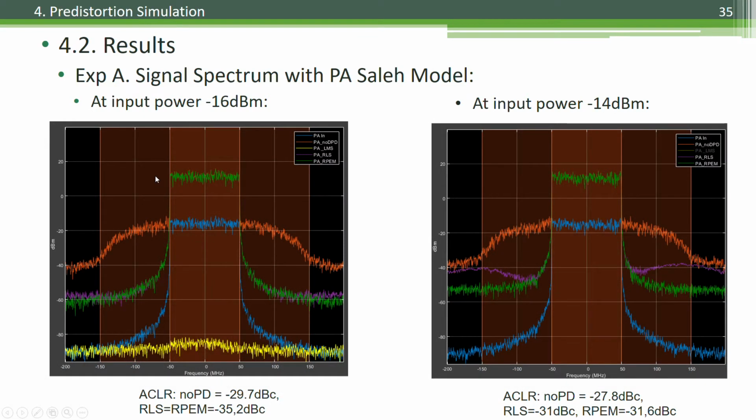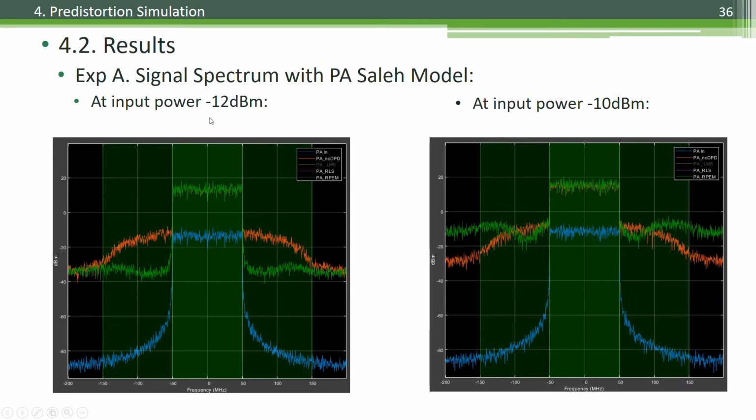And at input power minus 16 dBm, the least mean square algorithm no longer converges, but the recursive least square and recursive prediction error still work well. At minus 14 dBm, recursive least square becomes worse than the recursive prediction error.